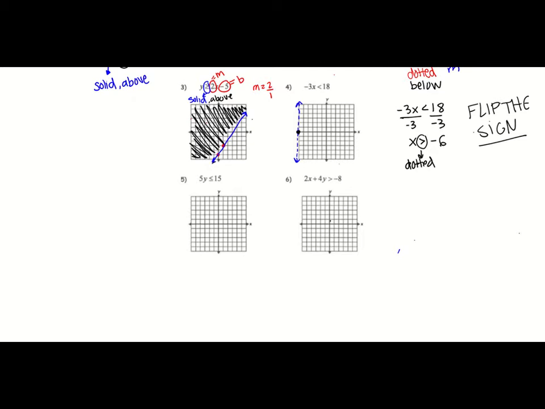And finally, if it is greater than, I'm going to shade everything to the right. Everything that is greater than x is negative 6.